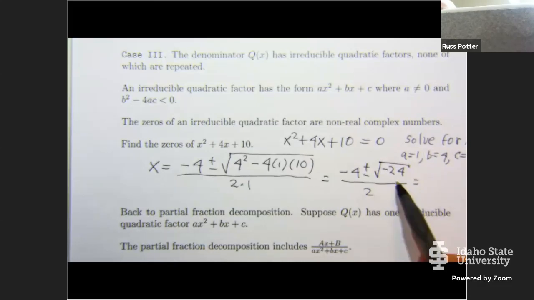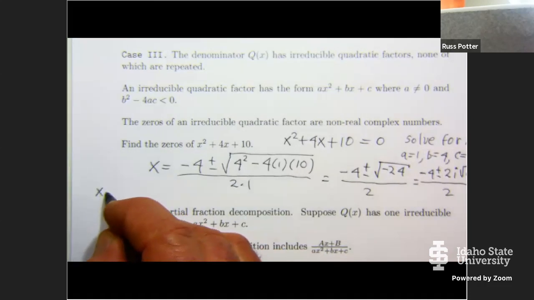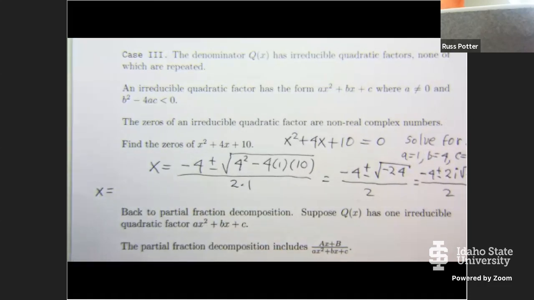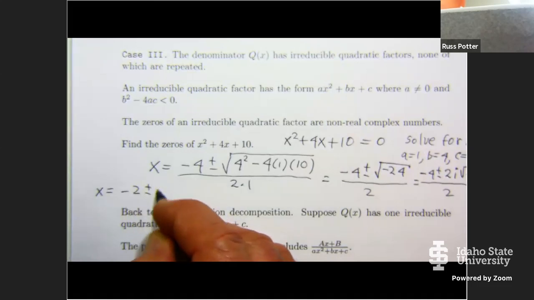So we'll simplify this a little bit more. We get negative 4 plus and minus 2 times i times the square root of 6 divided by 2. Let's take it one step further. The 2 zeros are negative 2 plus and minus i times the square root of 6.